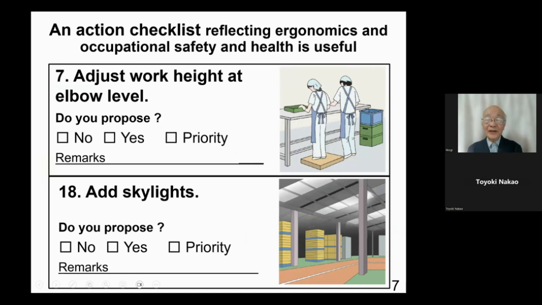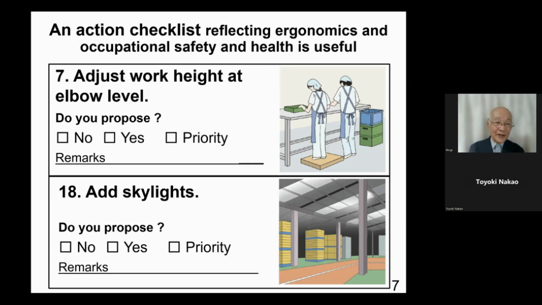Here is an example of the items in the action checklist. The action checklist reflects the principles of ergonomics and occupational safety and health, and is very, very useful for proposing immediate improvements that can be possible in each working situation.